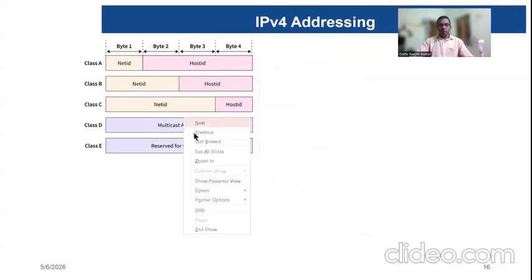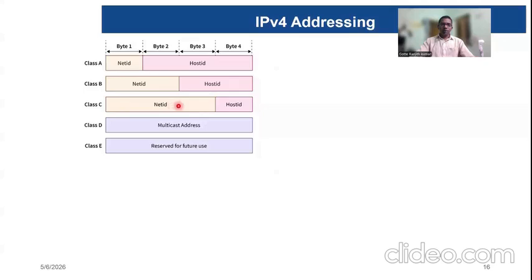Now similarly, coming to class B. In class B, the first 2 bytes are the network ID, and the last 2 bytes the host ID. The first 2 bytes mean 2 power 16 networks, and in each network 2 power 16 host addresses. And coming to class C, the first 3 bytes are the network address.